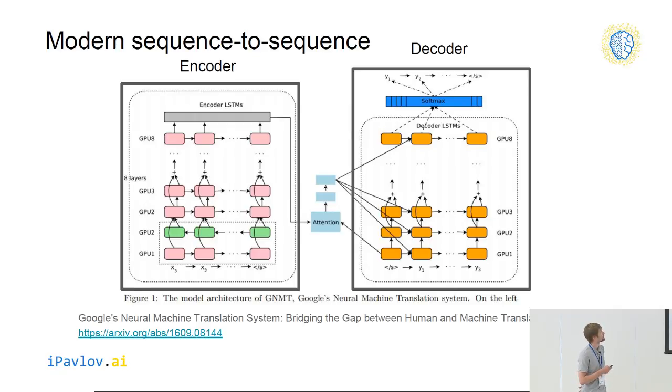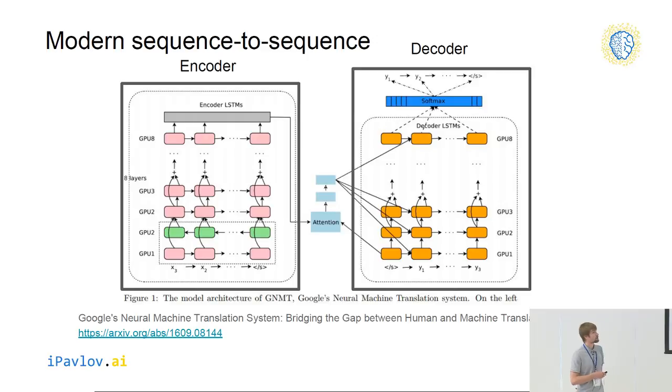Here we have 8 LSTM layers in encoder and 8 LSTM layers in decoder. Also, we can see here some skip connections, and in the encoder the first two layers are bidirectional. Also, attention mechanism plays an important role here.